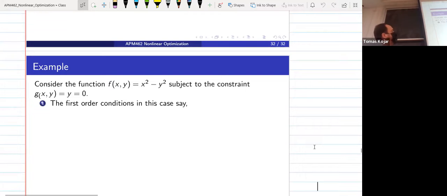So can someone tell me what's the first order condition for this? What's the Lagrange multiplier formula? You don't need it for today, you need it for next week, but it's good to know for life. Yeah, what should I write?